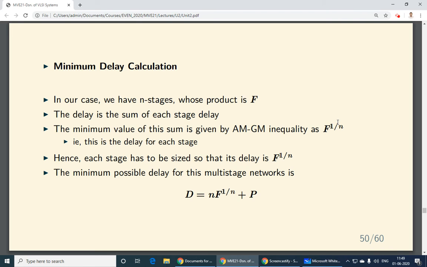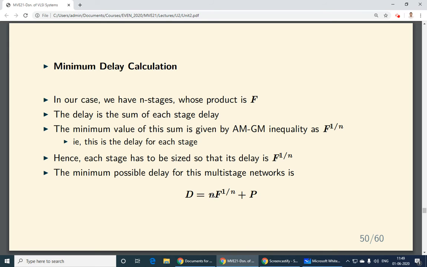That is for each stage g1 h1 product, okay, should be equal to f to power 1 by n. And once we set this, okay, the small mistake here, this should be capital N for the number of stages, or sorry, small n is fine, n into f to power 1 by n.